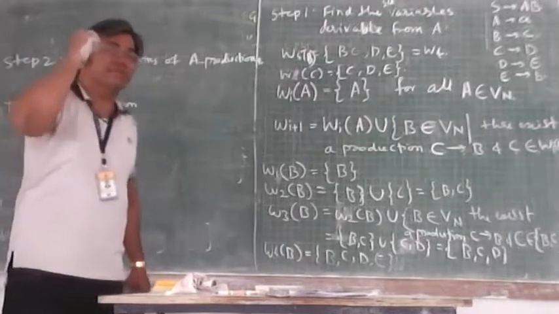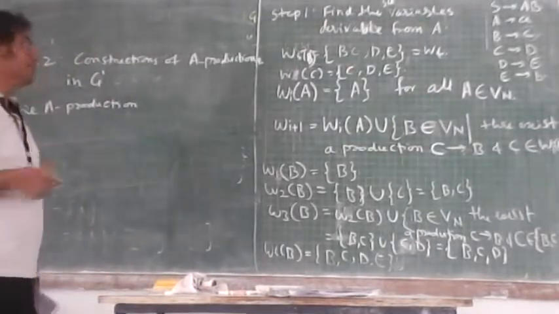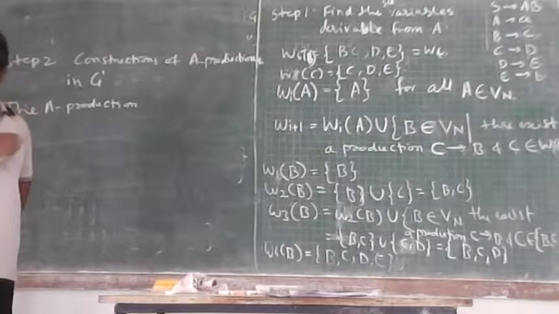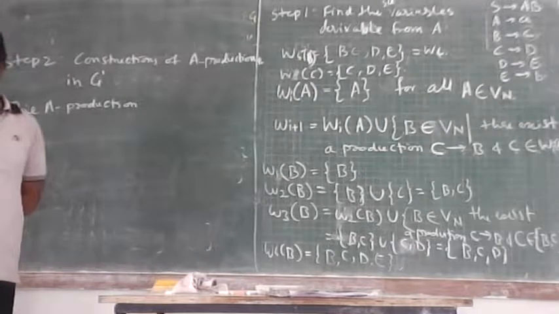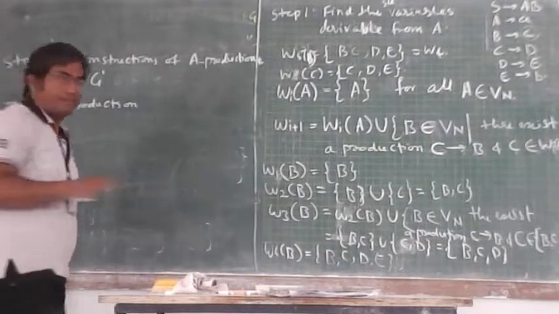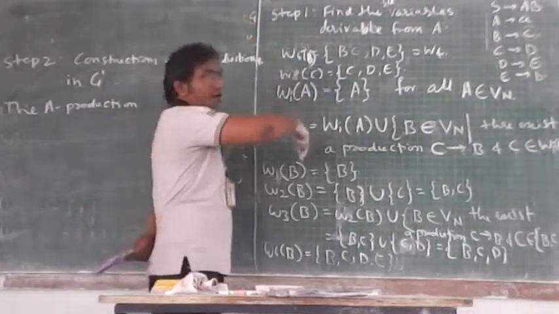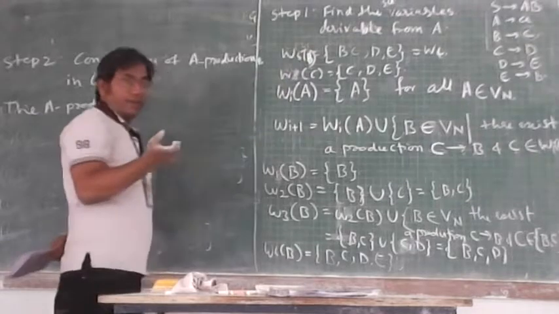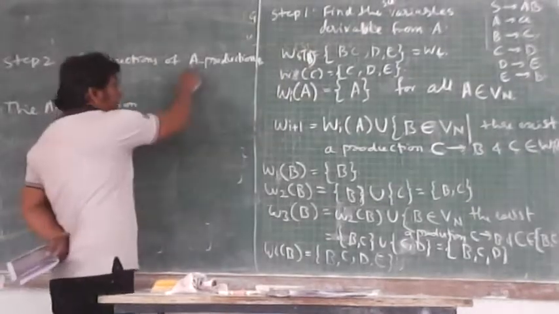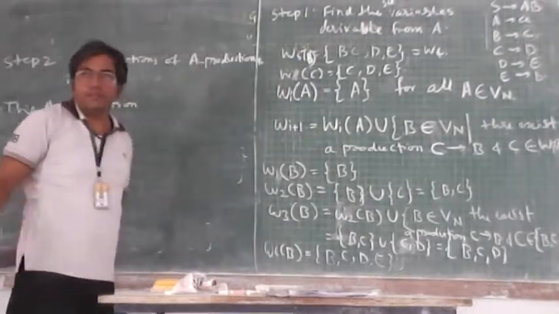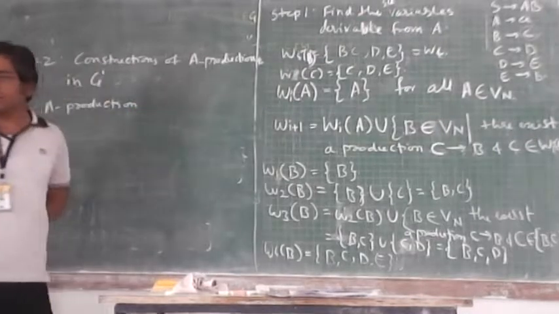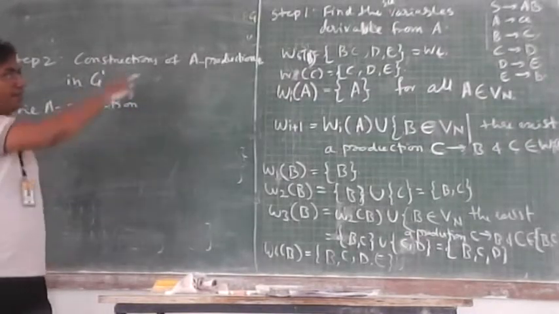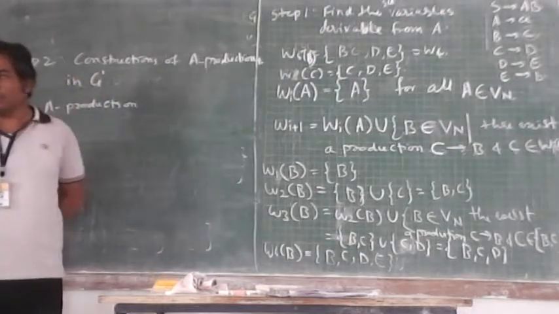Here I am terming it A production. What is meant by A here? Any variable. This is a general term for all variables. A means S, A means B, A means C, D, E, anyone. What is meant by S production? Now I am replacing A by S. S implies AB is an S production.